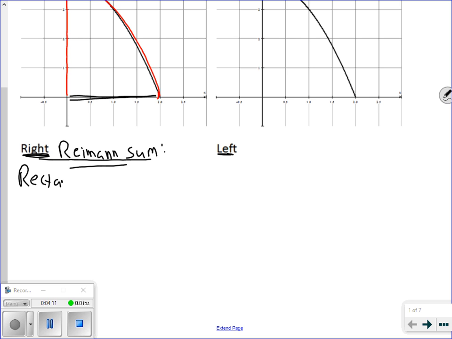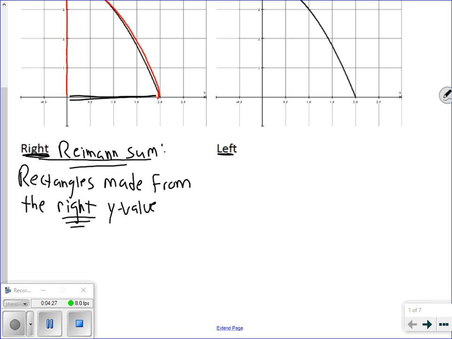This is rectangles made from the right, in this case for right Riemann sum, it's made using the right y value on the subinterval.